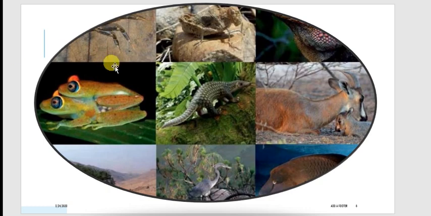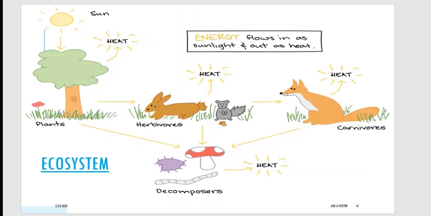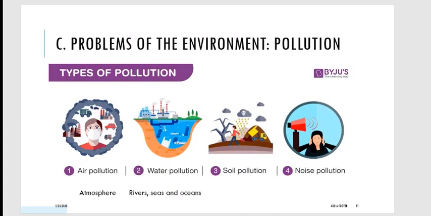We talked about species, the different species or groups of animals and living beings. We talked about the ecosystem, which is all about the interaction between animals, plants, and also between living beings and non-living components of the environment.